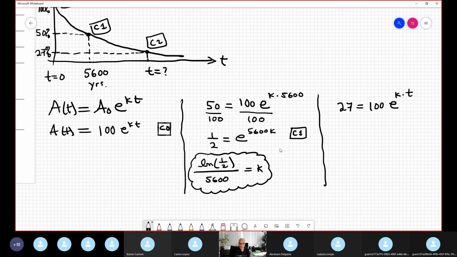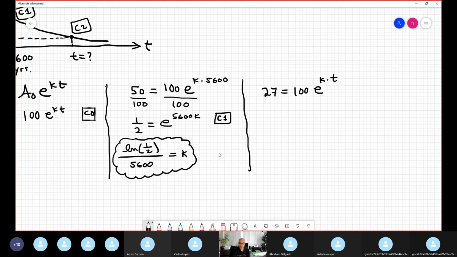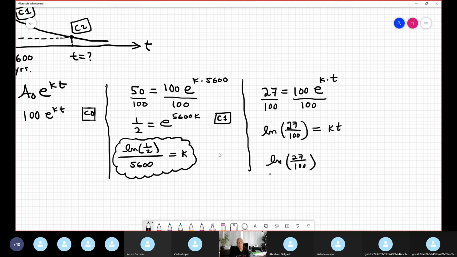We have exponential equation, pero es exponential equation que mandatory. You need to apply logarithm, no? You divide by 100, both sides. You apply logarithm of both sides. You have logarithm of 27 over 100 is equal KT, no? Therefore, T, que is our goal, is that divided by K. And K is that value. I just plug it in.